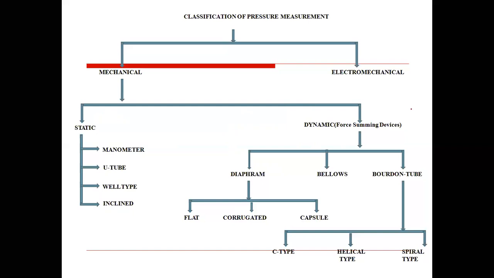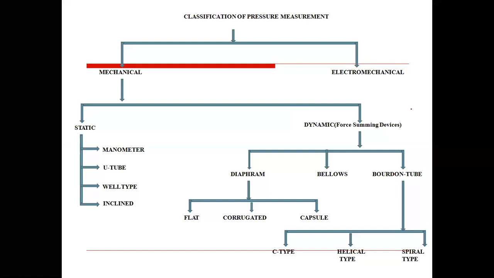All these sensors or transducers are not commonly used for low, high, or medium pressure. In this particular case, a few of them are used for low pressure, some are used for moderate pressure, and some are used for high pressure measurement.